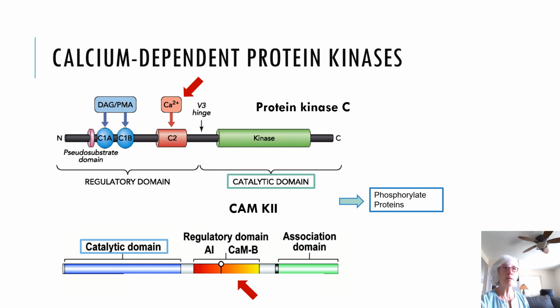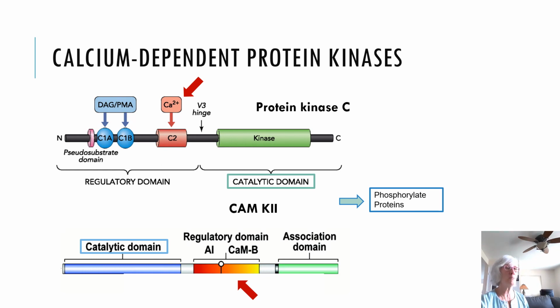So again, glutamate from a CA3 will bind to an AMPA receptor. The AMPA receptor will open to depolarize the CA1 cell. That will allow for magnesium to be kicked out of the NMDA receptor, and that allows calcium into the CA1 cell, and the calcium will bind to two protein kinases.